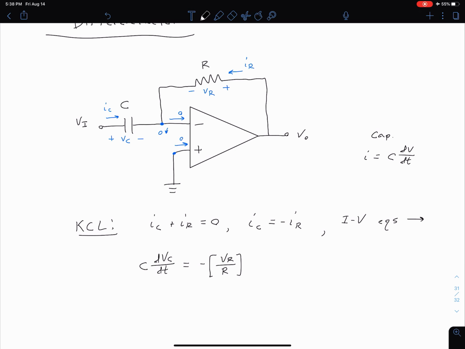So if we update that, we can say this is C dVi with respect to time is equal to negative Vout divided by R.